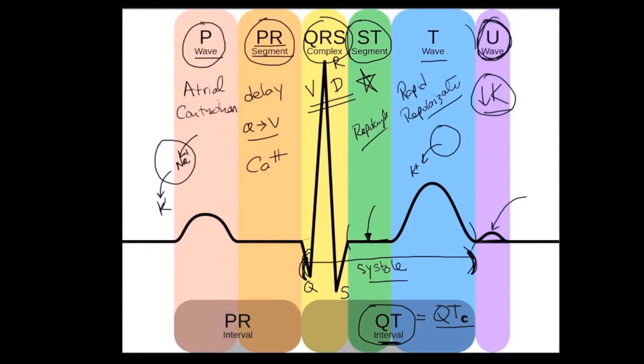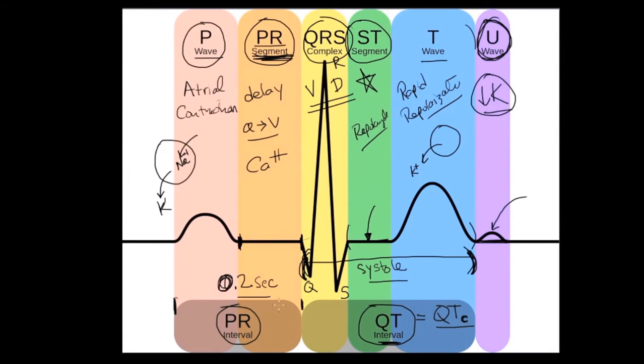Okay, so just to review real quick: P wave, atrial contraction, depolarization. The PR segment is from the end of depolarization of the atria to the beginning of ventricular contraction. This PR segment is timed. Generally speaking, the PR interval, which is from the beginning of the P wave to the Q, should be no longer than 0.2 seconds.